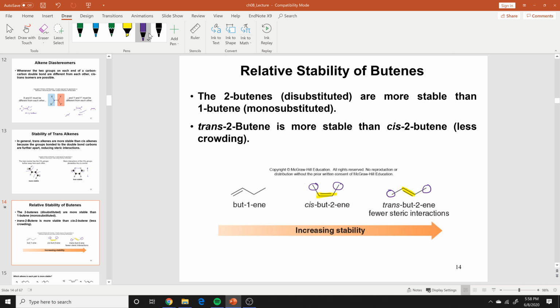So if you have a di-substituted alkene, you have to write it as both cis and trans. And when you write it as cis and trans, always remember that the trans is going to be the most stable. And then here I'm comparing it with the mono-substituted alkene. So definitely the di is going to be more stable and the trans is going to be the most stable.